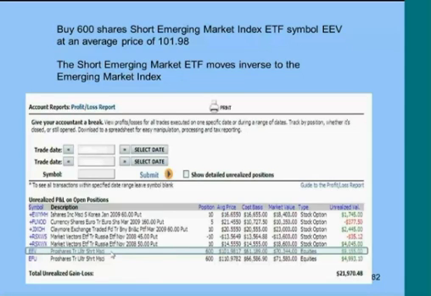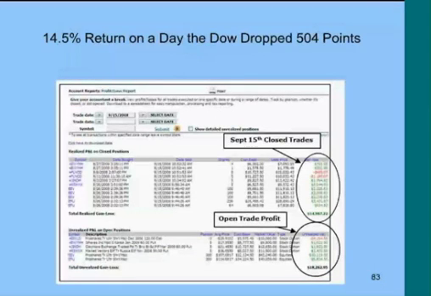So the major trend had turned bearish at that point, so I was in all bearish positions in various global markets at that time. And here's a snapshot of one of my portfolios. This was on September 15th, 2008. And on that day, the Dow dropped 504 points.